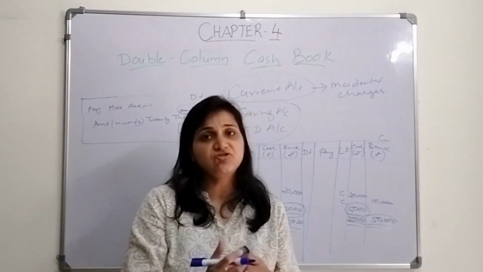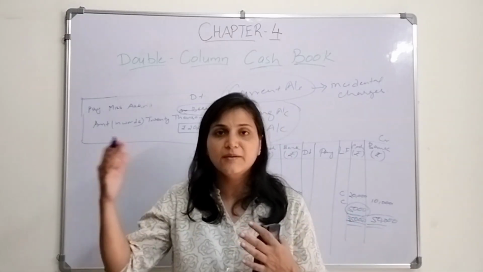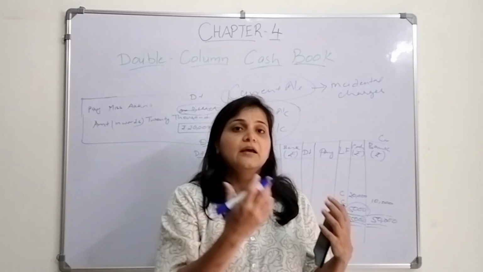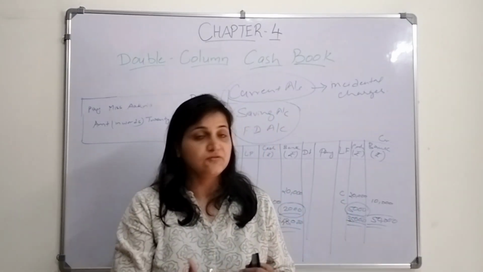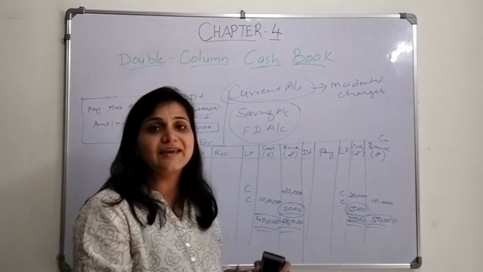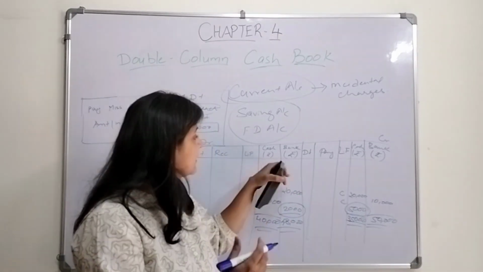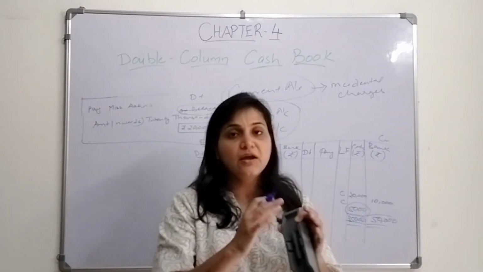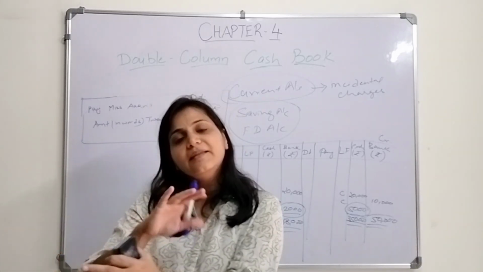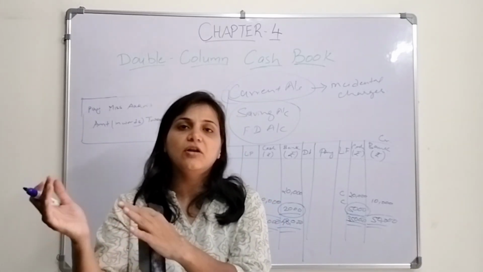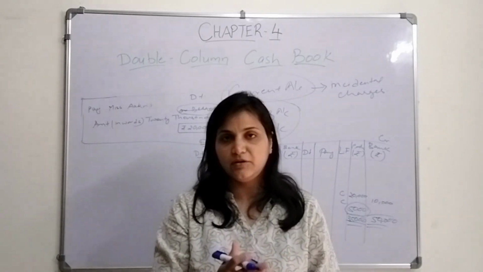Now, when I received the check, what entry will I pass, because my bank account is not increasing? So we will consider it as if the cash has been received. It will be recorded in the cash column. When we deposit that amount in the bank, then we credit the cash column and debit the bank column, right?